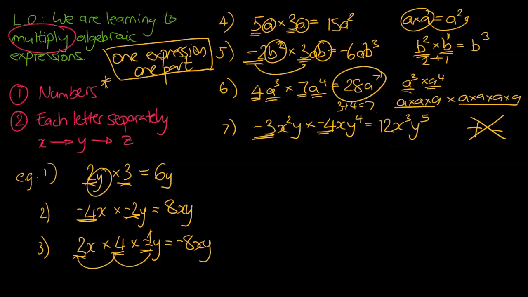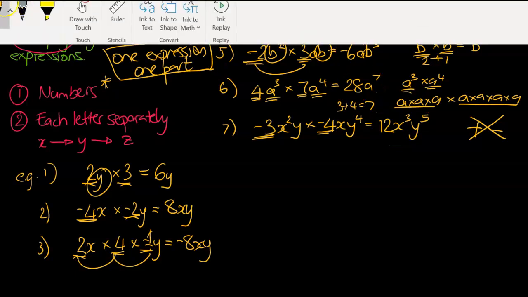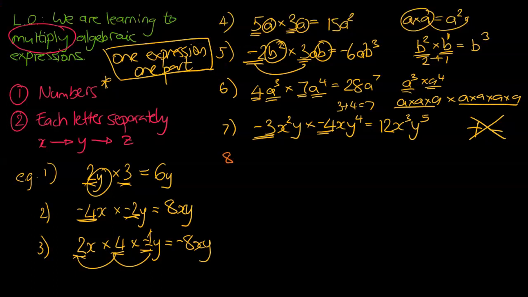We're now going to get into some really hard questions. I'll change pen color. Let's go for orange to finish off this video. So let's go negative a squared b times 2ab times 3b cubed.